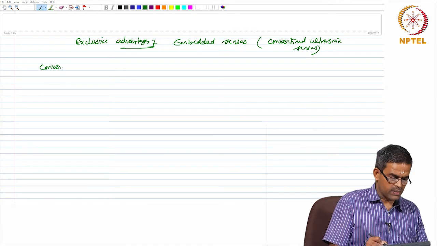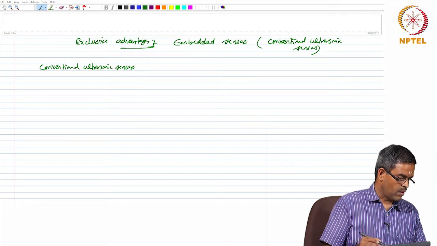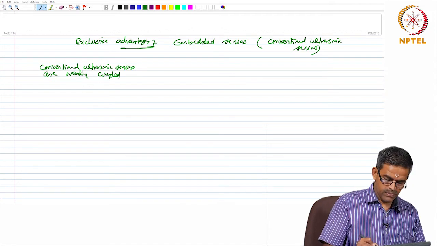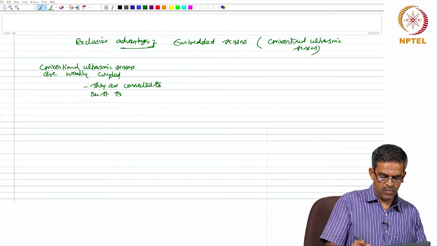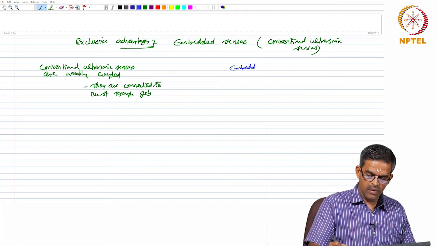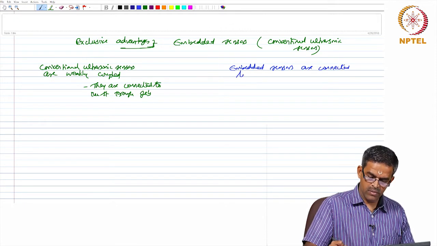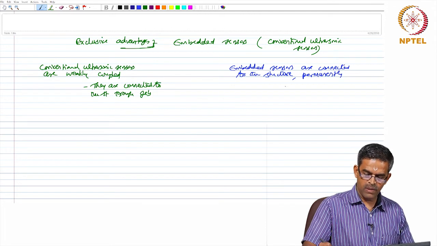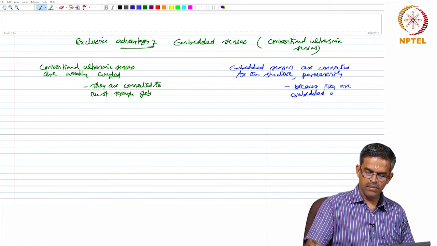The conventional ultrasonic sensors are weakly coupled because they are connected to the structure through gels, whereas embedded sensors are connected to the structure permanently because they are embedded inside the structure.